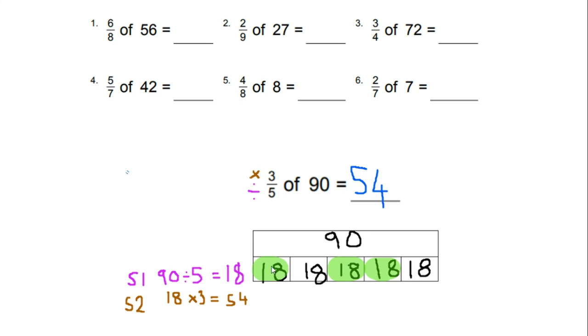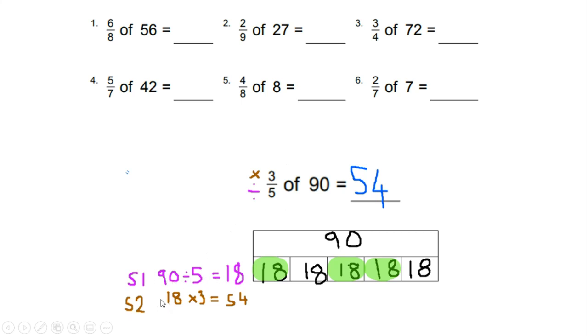Then the numerator tells me that I would like 3 of the parts. So I've highlighted 3. You can pick any 3. You don't have to pick 3 that are next to each other, it doesn't matter. So the process mathematically is step 1, 90 divided by 5 equals 18.